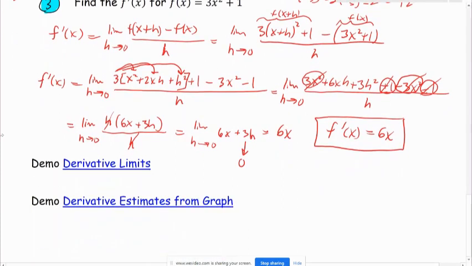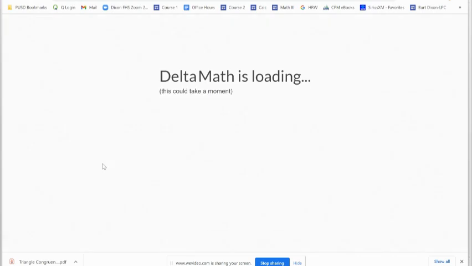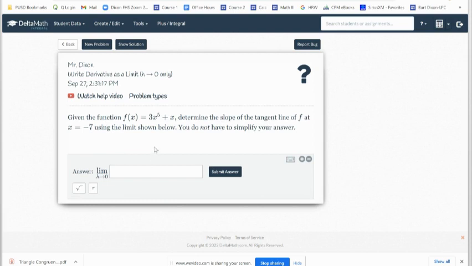Okay, and then a couple more demonstrations in Delta Math. So for putting in the derivative limits, they're just asking us to write the limit. And so for a problem like this, if we're trying to calculate the derivative at -7, a is -7, so it's going to be the limit.